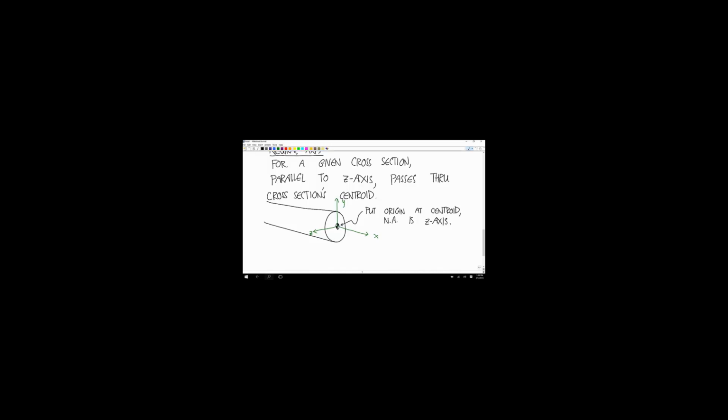And if you draw the neutral axis for every cross section, here's one, and then go back a little bit, and there's the next one, and there's the next one. What you get is, like sliding this salami in half this way, a plane that goes through parallel with the z-axis all the way back. So what does that look like?